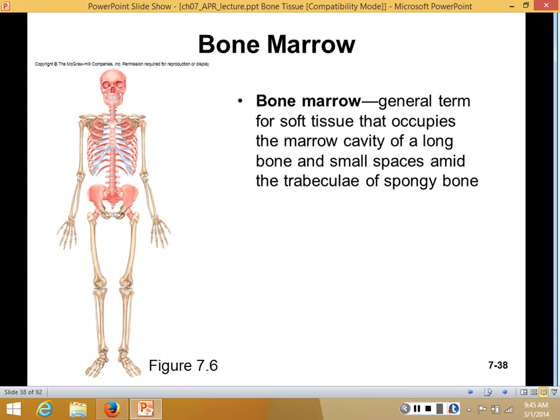The femur. That's red. And you've got the head of what? The humerus, which is this arm bone up here, that's red also. Bone marrow is the general term for soft tissue that occupies the marrow cavity of a long bone and small spaces amid the trabeculae of what? Your spongy bone. The rest of that bone that has no color to it, that's yellow bone marrow.